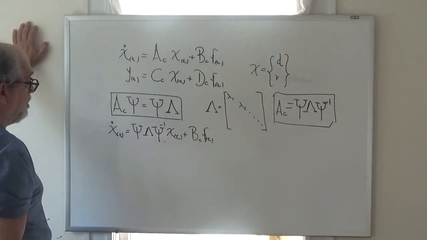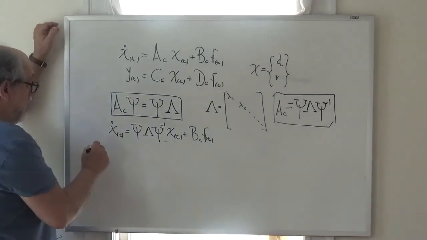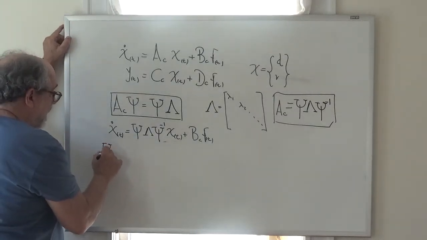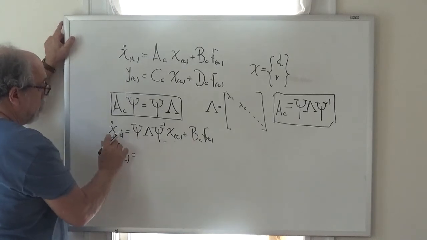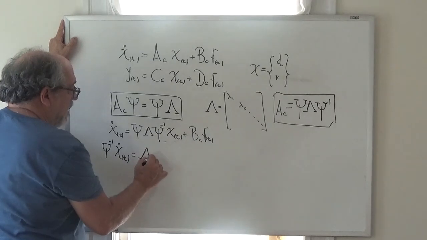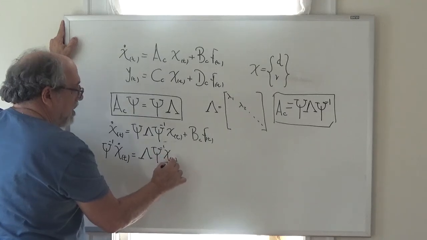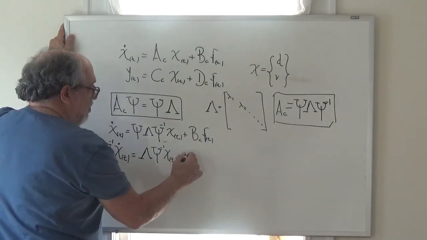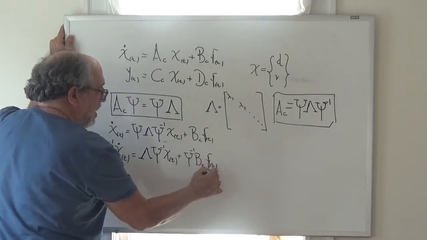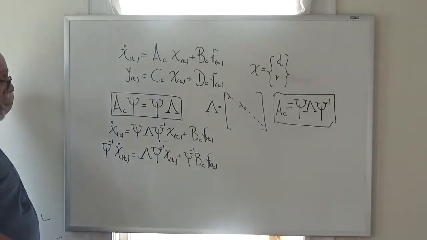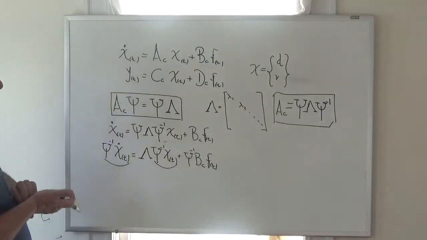Now from this equation, let me pre-multiply both sides times phi to the minus 1. And so we get phi to the minus 1 times x dot(t) equals lambda times phi to the minus 1 times x(t) plus phi to the minus 1 times B_c times f(t), right? Now you can see here that we have phi to the minus 1 x dot and phi to the minus 1 x(t).